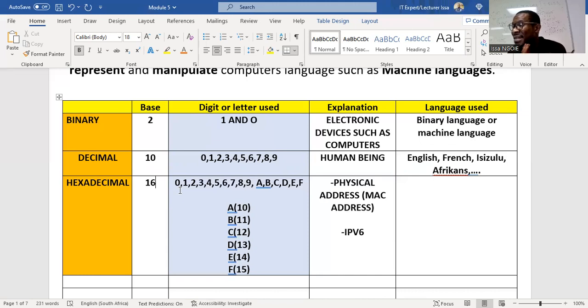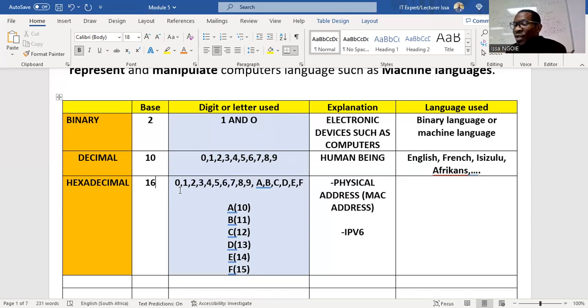It's base 16, from 0 to F. You have to know that number 10 we represent by using A, B is 11, C is 12, D is 13, E is 14, F is 15.